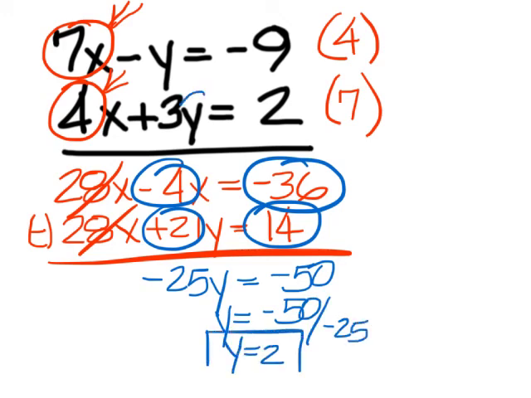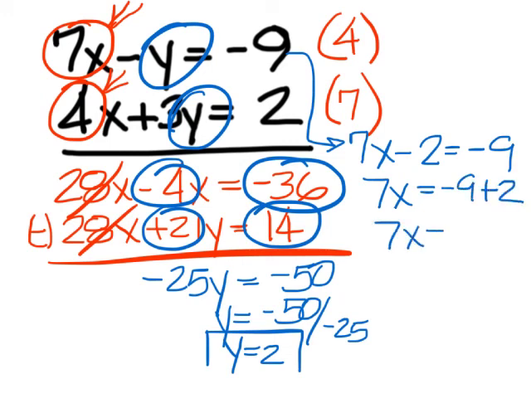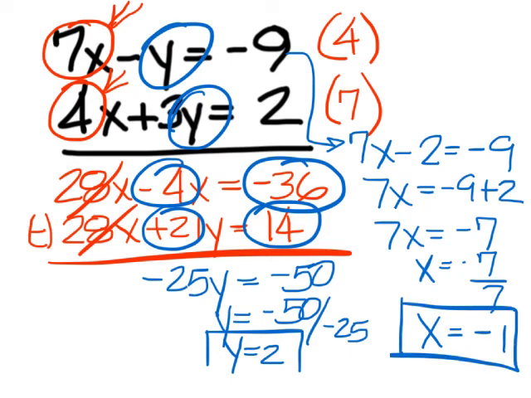Plug that back in to here or here. I'm going to use the top one. 7x minus 2 instead of y. Move it to the right. Change the operation. Simplify. Divide. Should get a negative 1. So the answer is negative 1, 2.